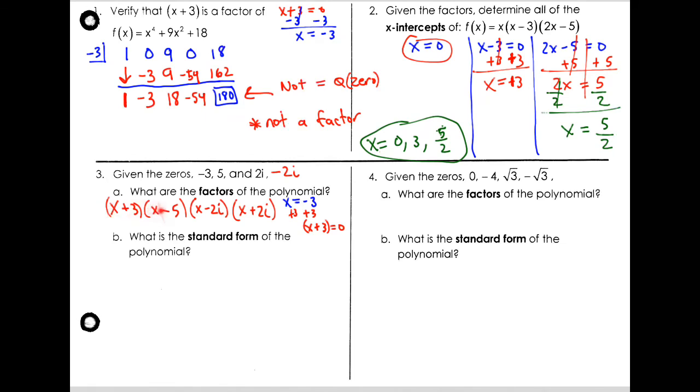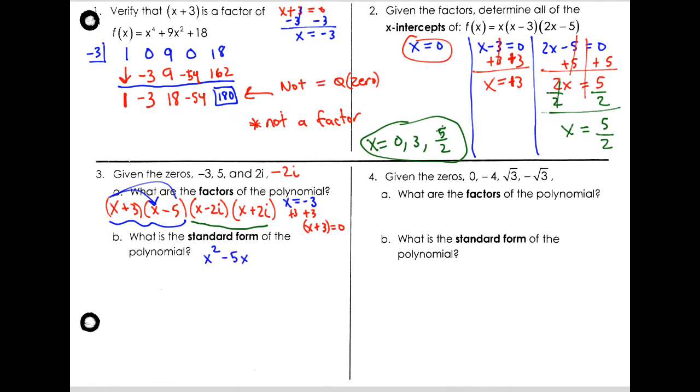Since it's already written up here, let's just make good use of that. So remember, we're going to multiply this, and then we're going to multiply this, and we'll come back and multiply them together. So let's start with that. You got x times x, that becomes x squared. X times -5 becomes -5x.